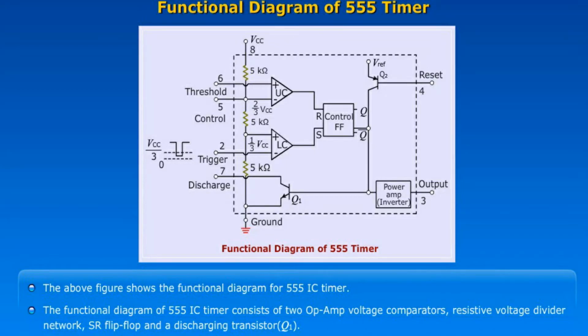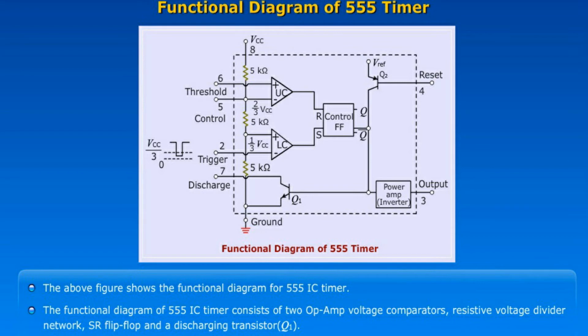Functional diagram of the 555 timer. The functional diagram of the 555 IC timer consists of 2 operational amplifier voltage comparators, a resistive voltage divider network, an SR flip-flop and a discharging transistor Q1. The voltage divider network consists of 3 resistors, 3 5 kilo ohm resistors.